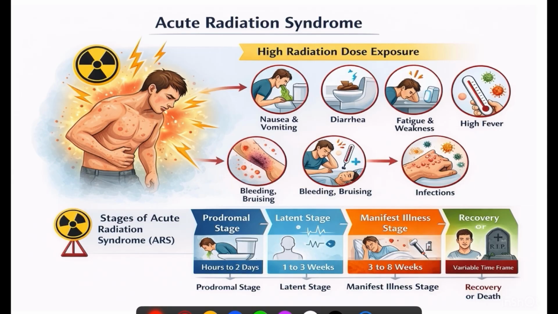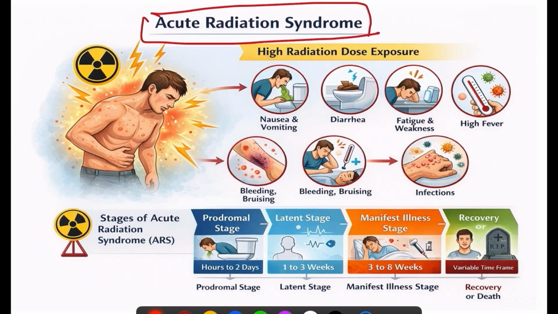When the whole body is exposed to a high amount of radiation within a short span of time, there occurs acute radiation syndrome or radiation sickness. What happens in acute radiation syndrome? There are 4 stages. First is the prodromal stage, which occurs within hours to 2 days, with symptoms of diarrhea, nausea, vomiting.